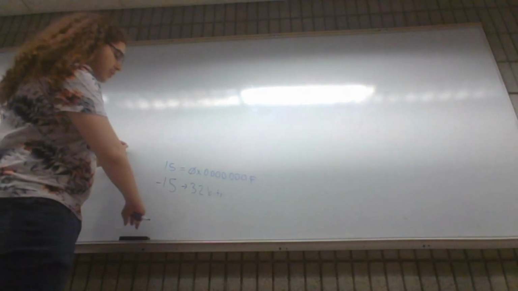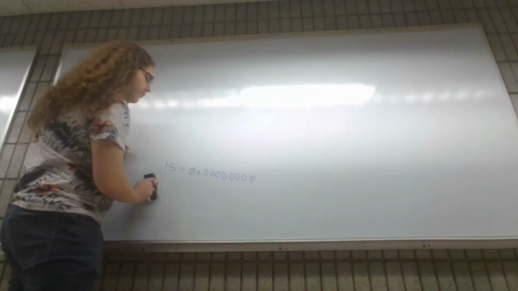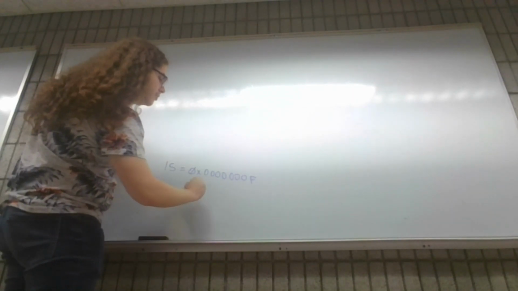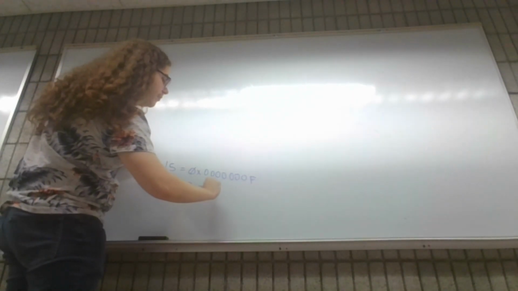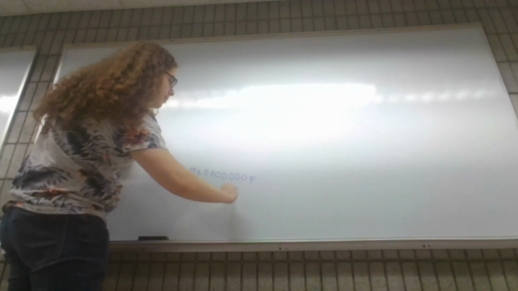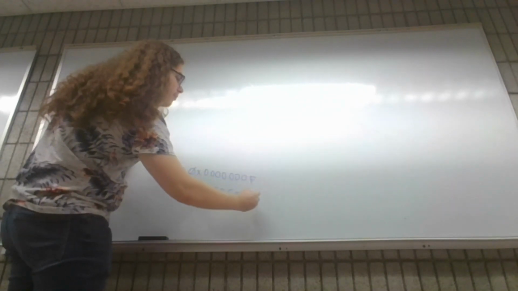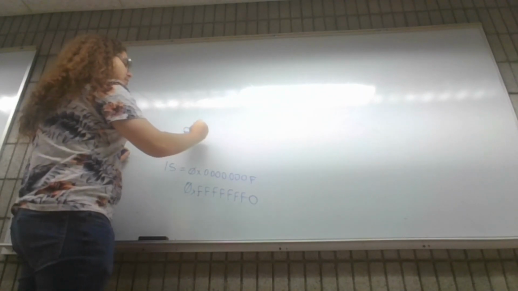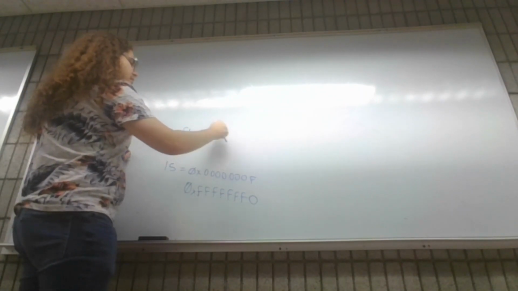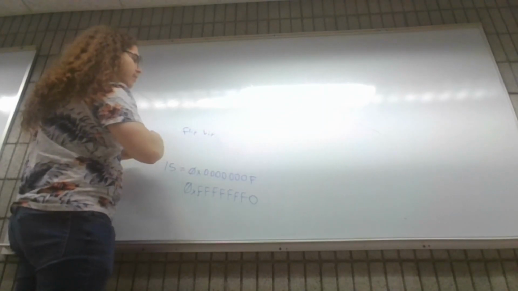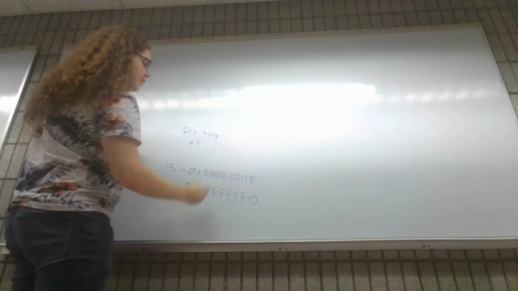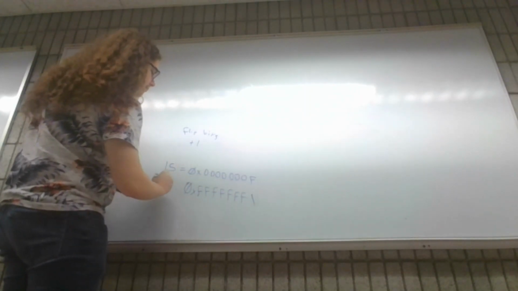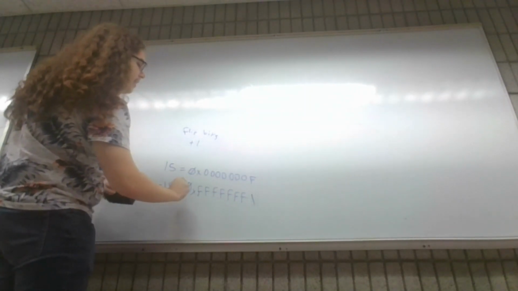So I reverse the sign, which is you flip all the bits. So all these zeros become F's, because you're flipping all the bits from zeros to 1, and this bottom one becomes a 0. Remember, you flip all the bits, then you add 1. So I'm going to add 1 to it, and that's how you represent negative 15.